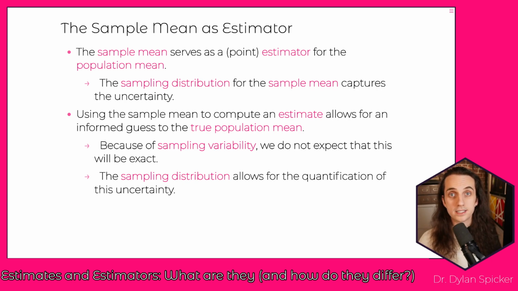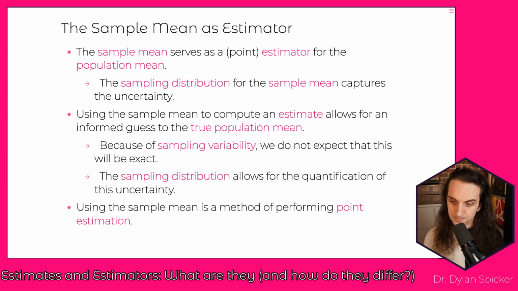However, using this sampling distribution, we can ask how wrong we actually got it. Using the sample mean is a method for performing point estimation. We can treat the sample mean as a point estimator for the population mean. It's a more rigorous way of doing this than just taking a guess at what the population mean might be.